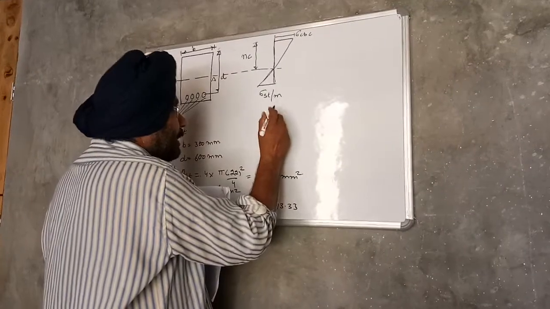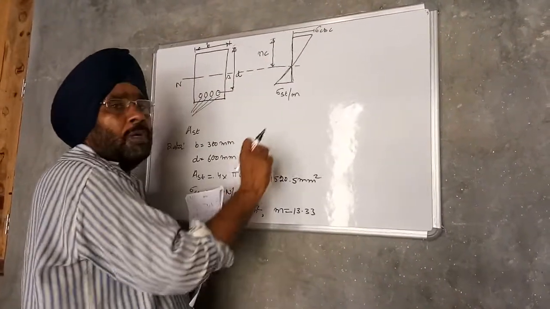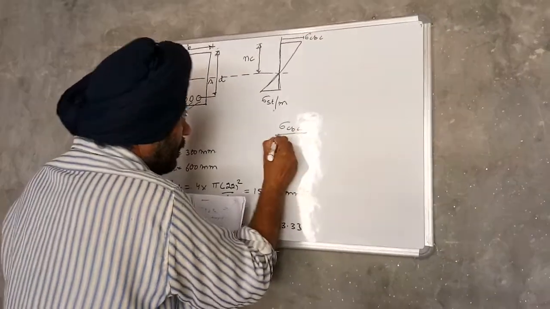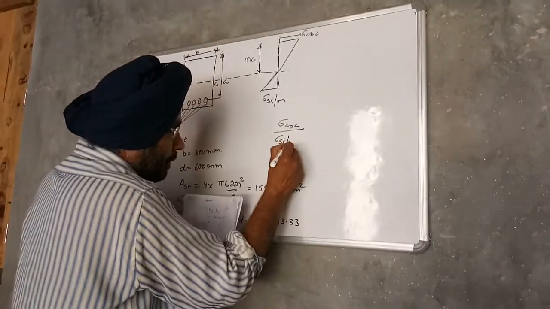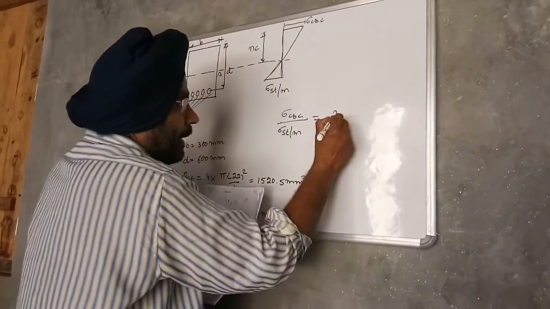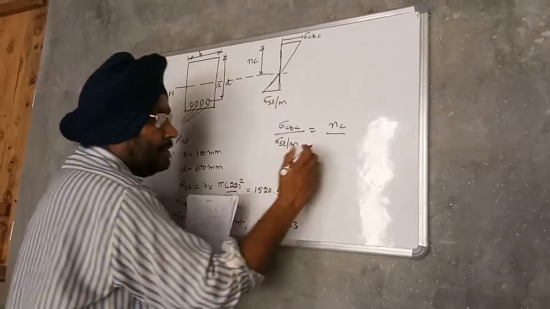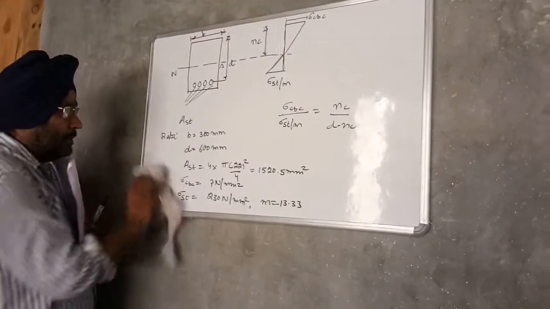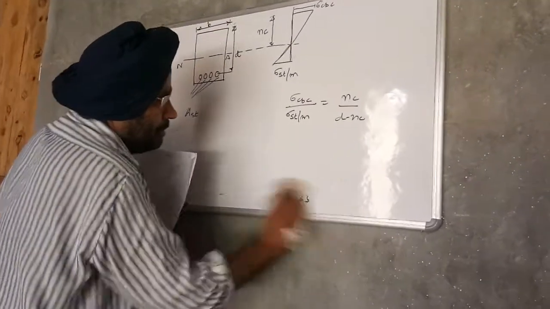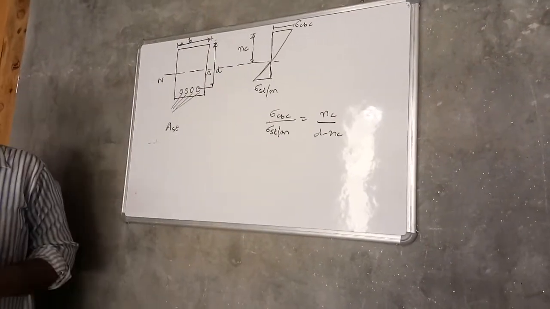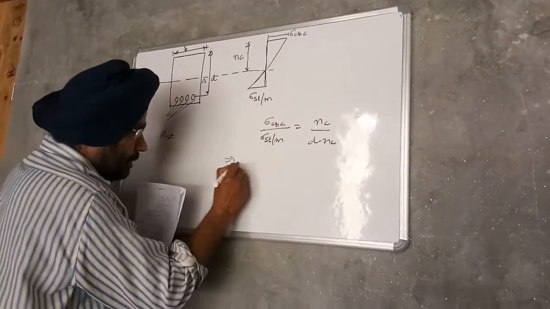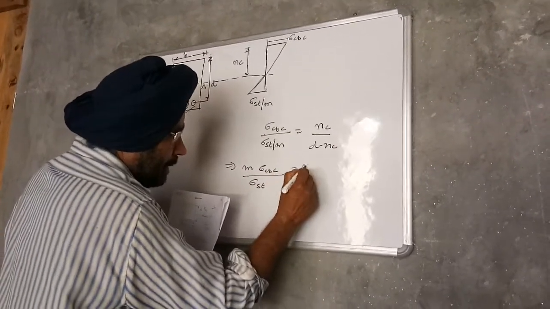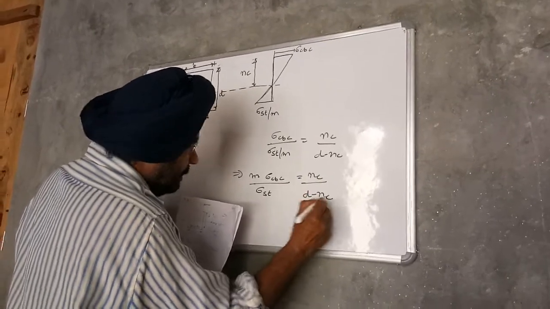To find NC, we will equate the sides of these two triangles. So sigma CBC upon sigma ST upon m is equal to NC upon D minus NC.